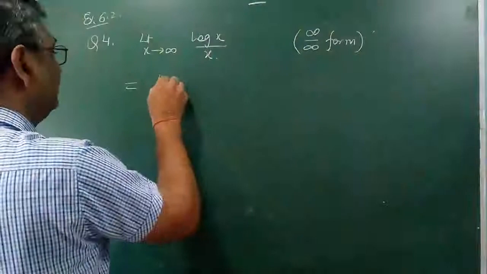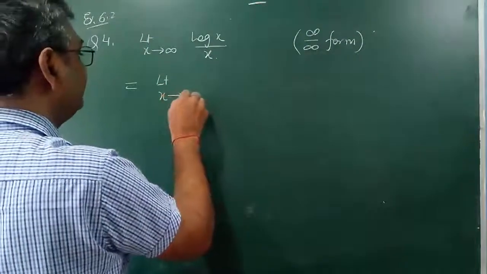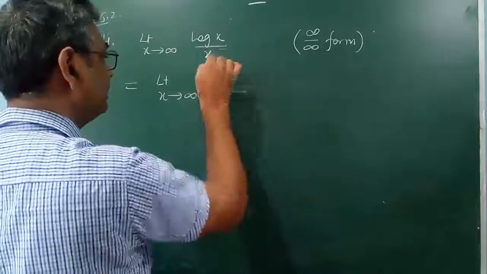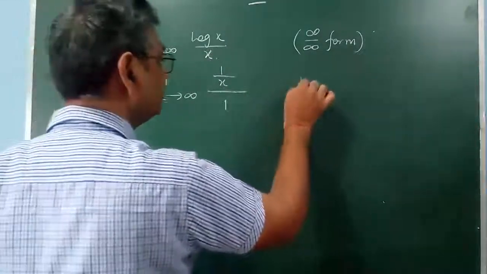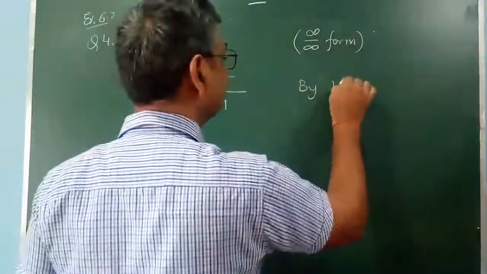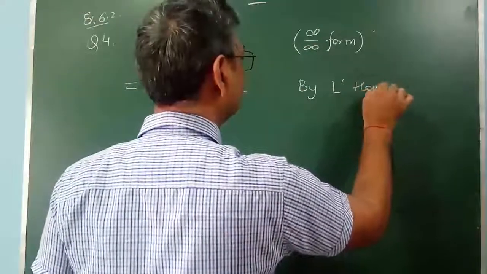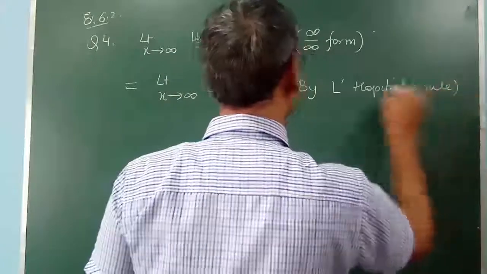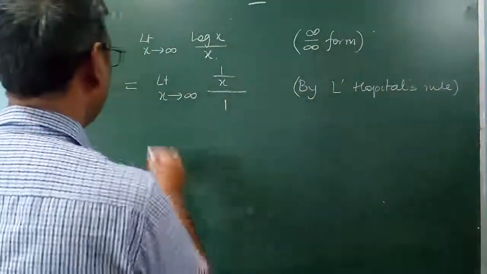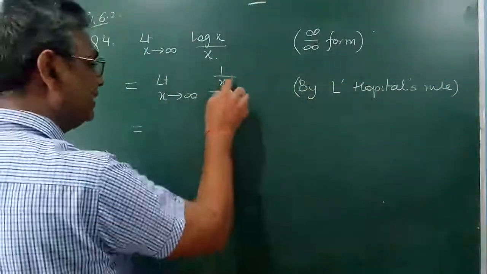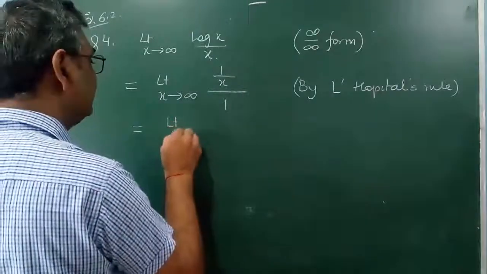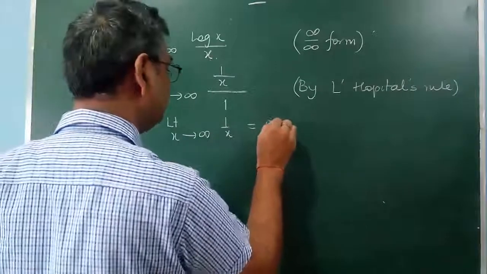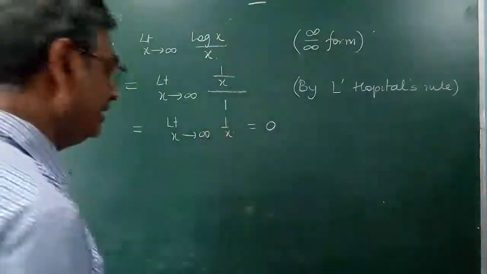So here limit x tending to infinity log x, 1 upon x, differentiation of x is 1. Now this is 1 upon x, limit x tending to infinity 1 upon x, answer will be 0 because 1 upon infinity is 0.